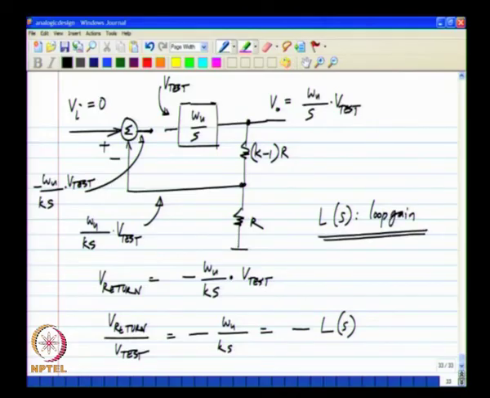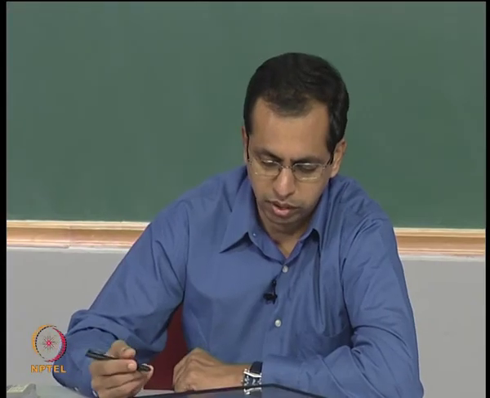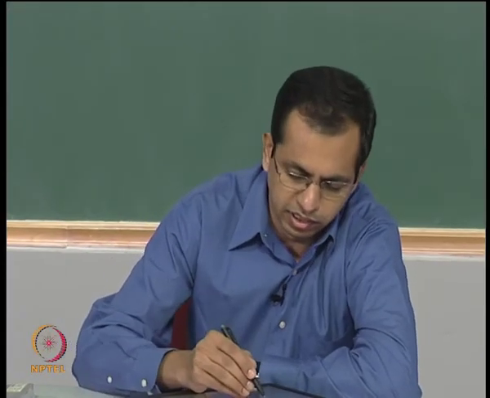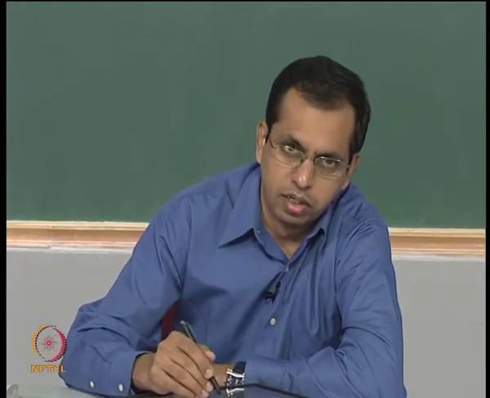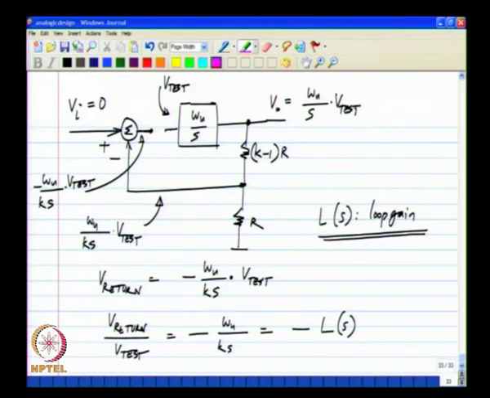Keep in mind that the quantity that returns at the point at which you have broken the loop is minus L, and L is defined to be the loop gain. Essentially this says that if you apply some signal here, how much of it comes back. Something has to come back, because we are talking about a negative feedback loop. If there is feedback, something has to come back. Exactly how much comes back is quantified by the loop gain.